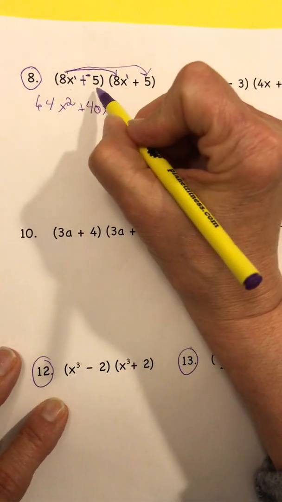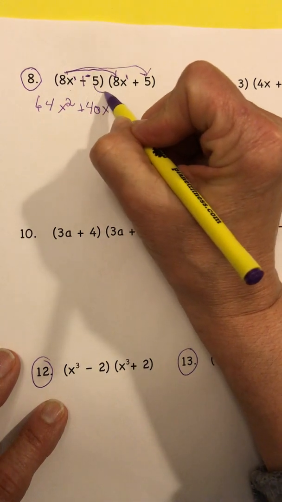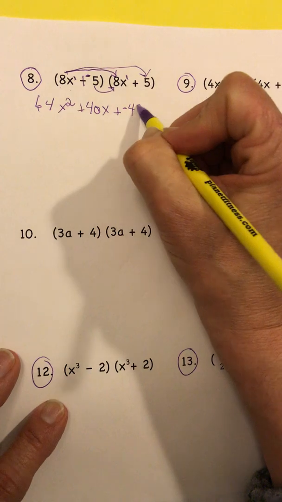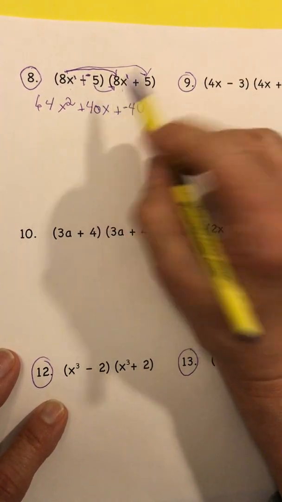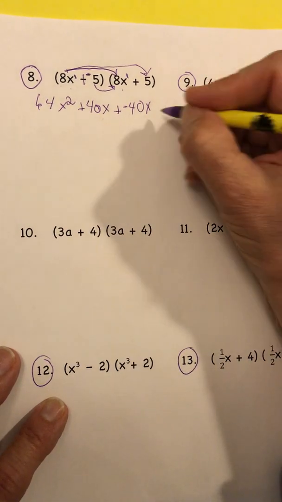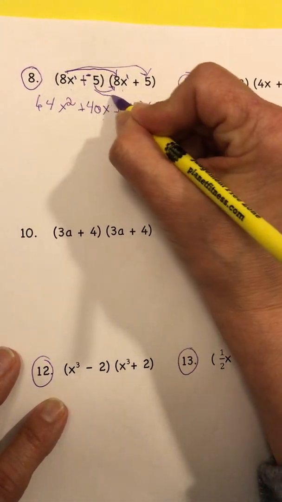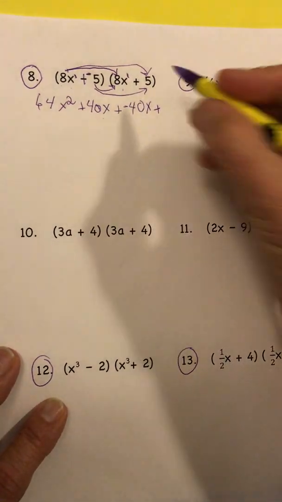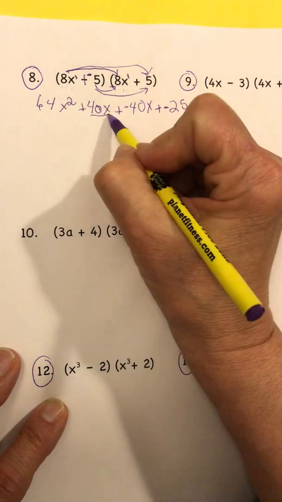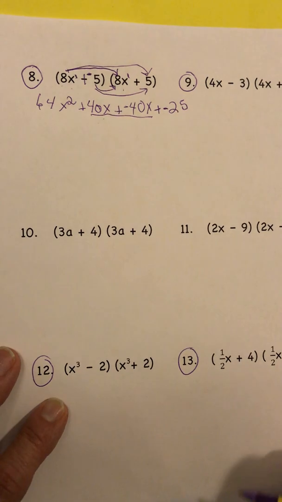Now we're ready for the below arrows. Negative 5 times 8 plus a negative 40. And x, right? And you can see I needed an x. They should be alike. Plus negative 5 times a positive 5 is a negative 25. Okay? So we've got our like terms in the middle. That's exactly what we want.